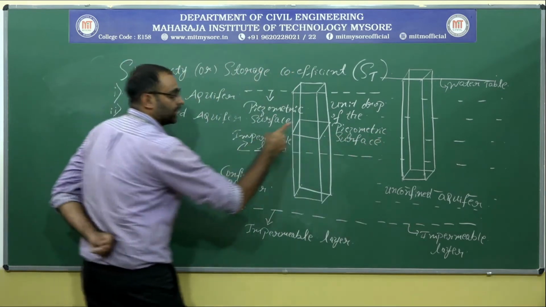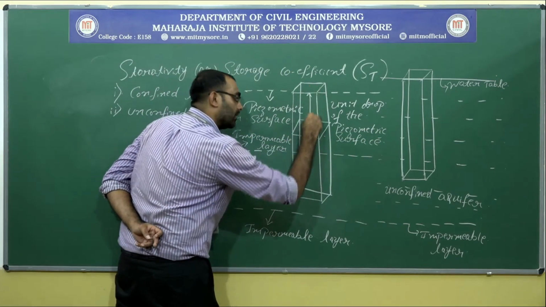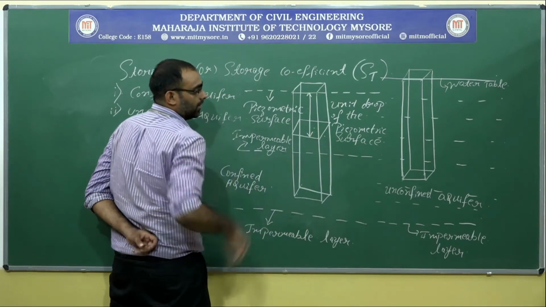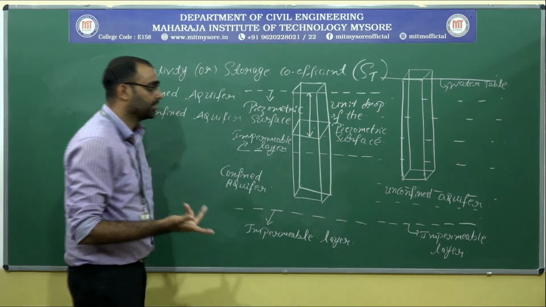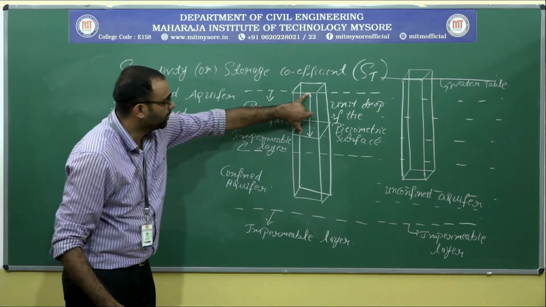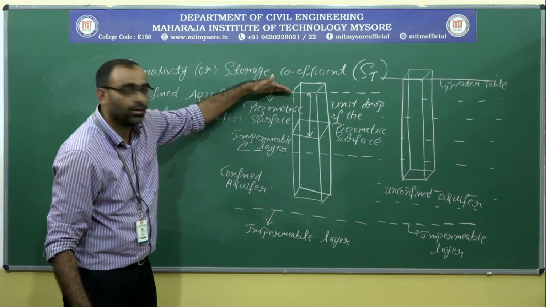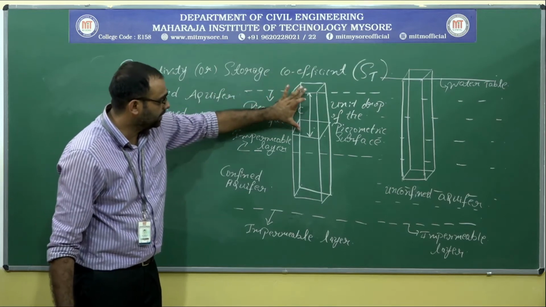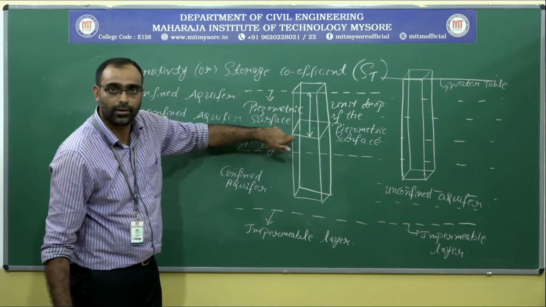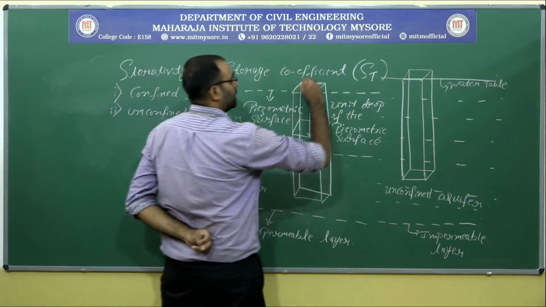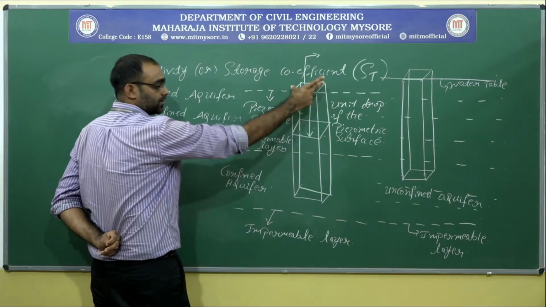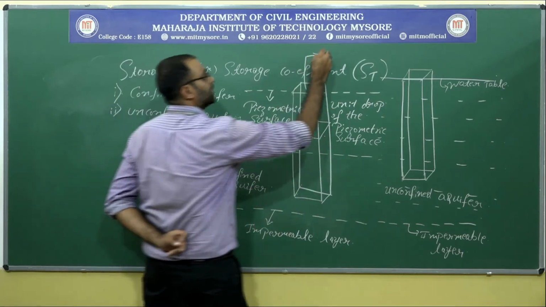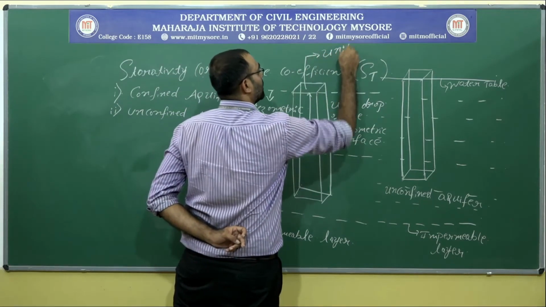That's what is indicated here. Let me say there is a drop of 1 meter of piezometric water level and that is indicated in the diagram, okay. And let's say the cross-section of this tube is of unit area A.